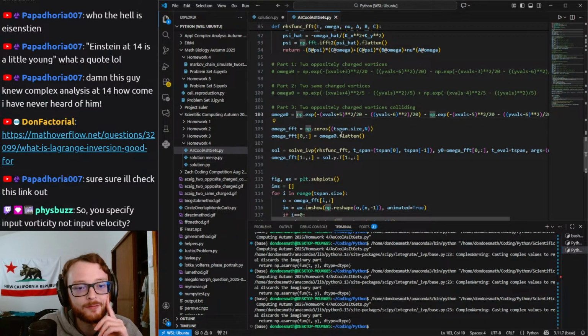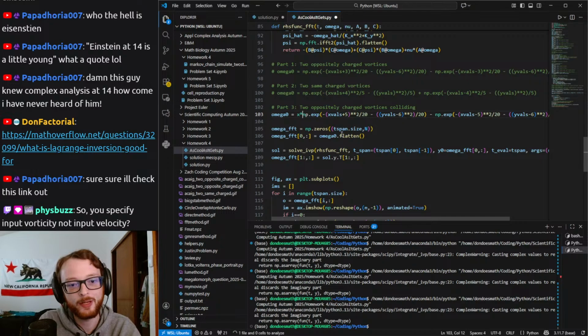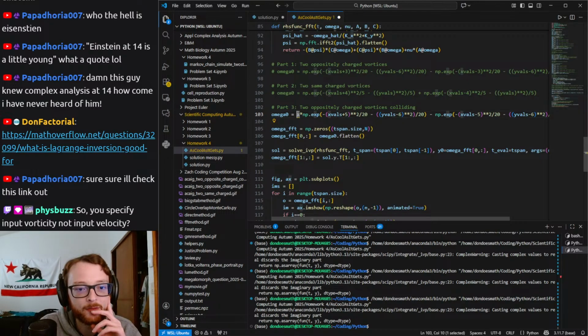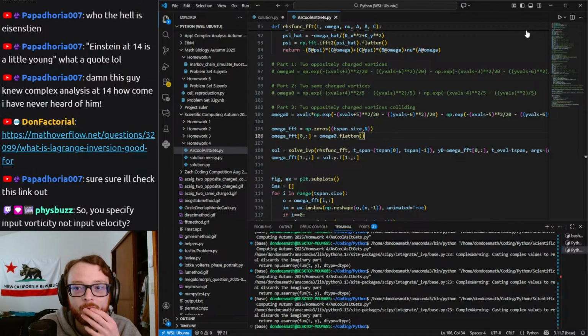Just for funsies, let's just do X times a Gaussian bump. Oh wait, that doesn't make any sense. X vowels. Does that do anything special?